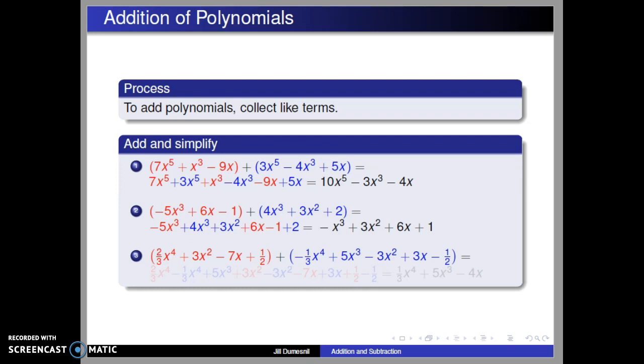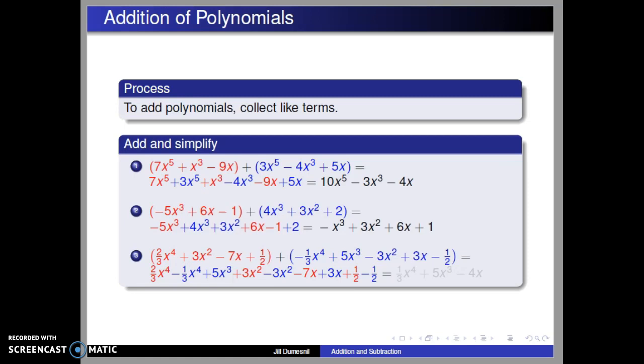We will again reorder our terms in order of degree. We have 2x to the 4th terms, 1 cubic term, 2 quadratic terms, 2 linear terms, and 2 constant terms.